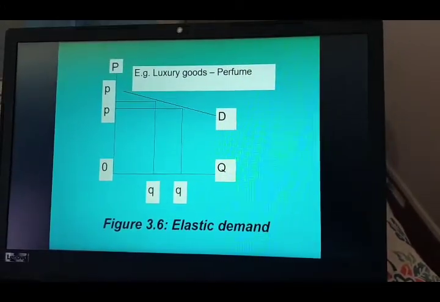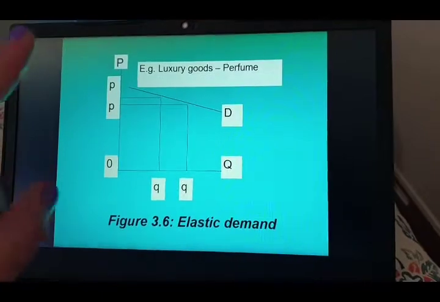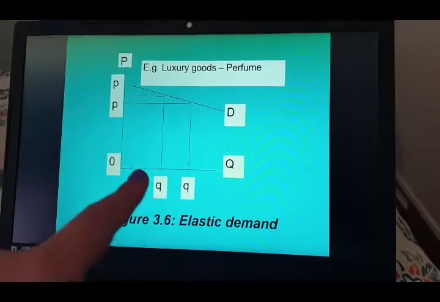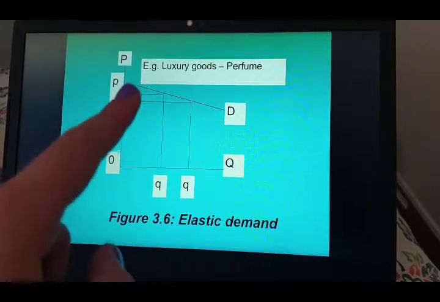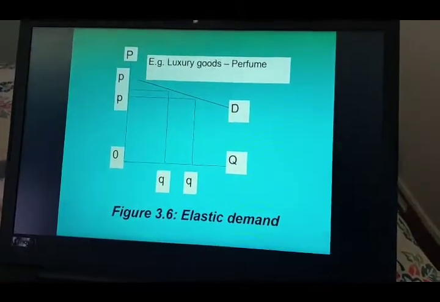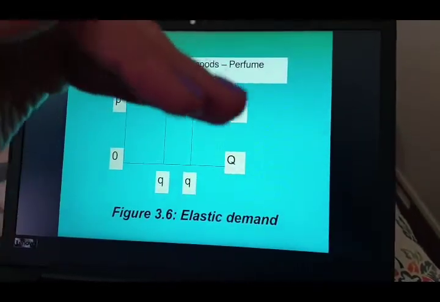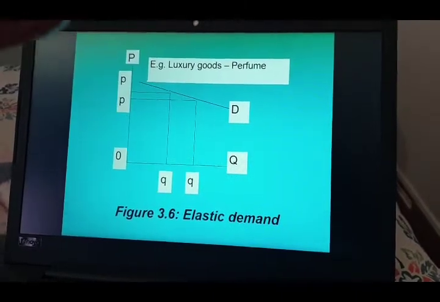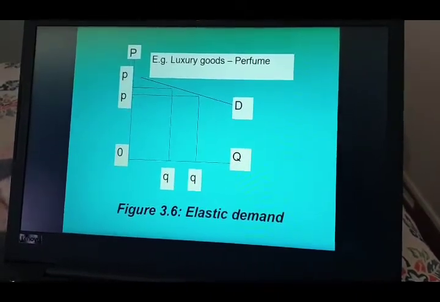Okay, this is what my graph will look like. Remember, price on the side, quantity over here, and you will see that your demand curve is lying very, I can say, almost flat.